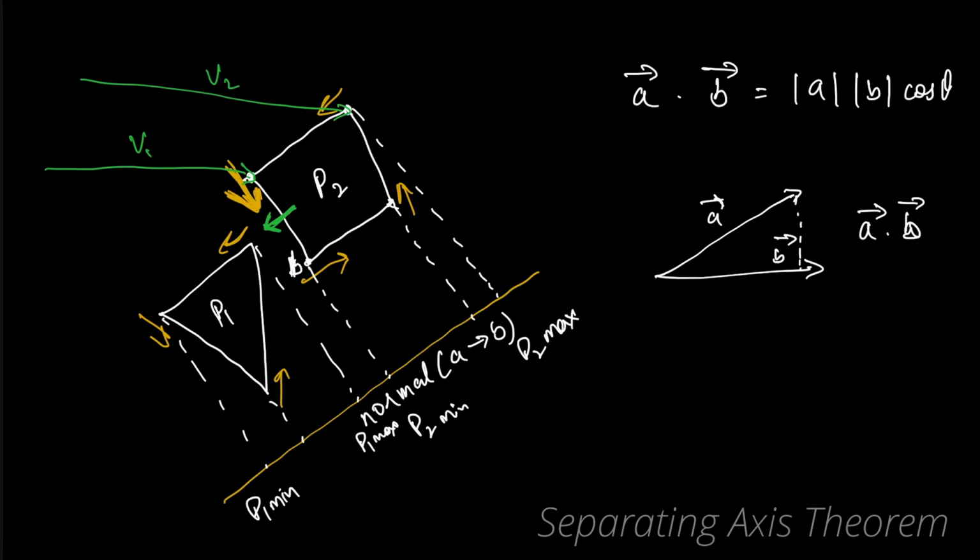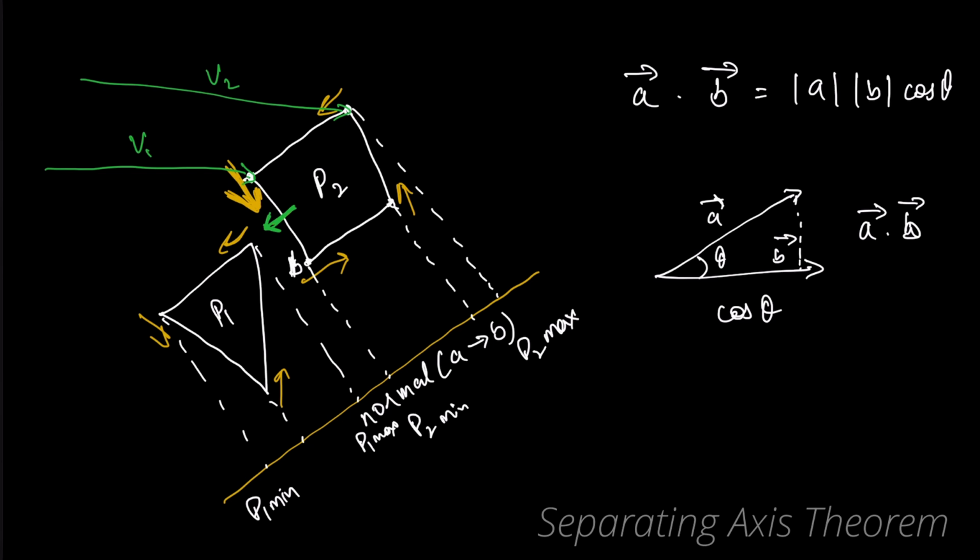And if they are unit vectors, then it's simply the value of cosine theta, right? Which is what you usually get if you were just doing trigonometry and you had an angle theta here, right? And yeah, that's pretty much it for the projection.